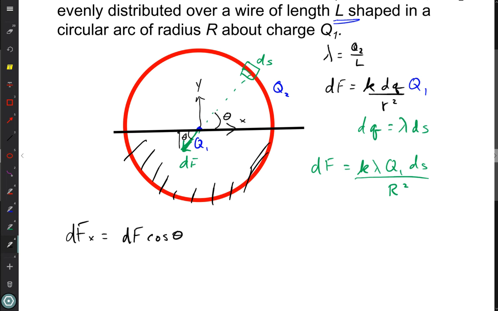And we do have to pay attention to the direction. I put x is positive to the right. What direction is dF pointing? Yeah, so we got to have that negative sign. So now substituting what my dF is, that's going to be minus k lambda Q1 ds cosine theta over R squared.